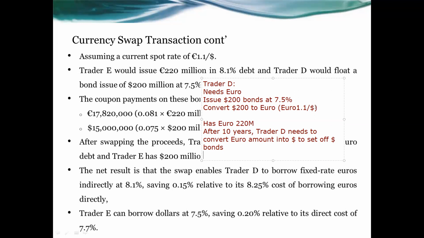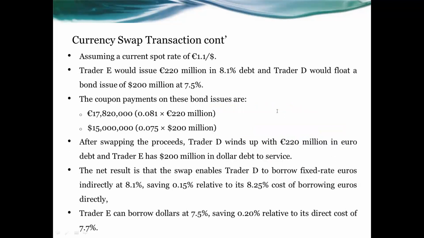Because of the swap transaction, trader D issued 200 million worth of US dollar bonds, and he ended up with euro 220 million worth of bonds at the same interest rate. So there is no transferring of money from euro to dollar, dollar to euro when you are going for a currency swap transaction. So the exchange rate fluctuation is automatically eliminated when you are moving to the currency swap transaction.